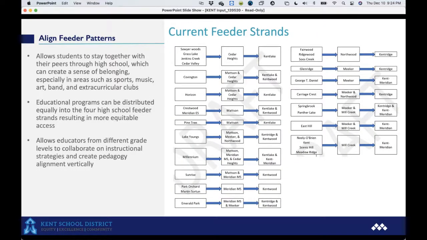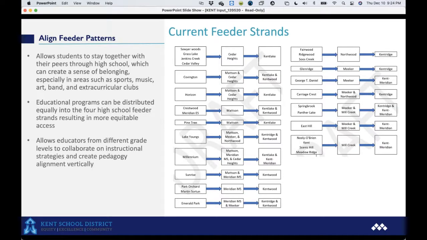And then aligning feeder patterns. Aligning feeder patterns allows students to stay together with their peers through high school, which can create a sense of belonging, especially in areas such as sports, music, art, band, and extracurricular clubs. Educational programs can then be distributed equally into the 4 high school feeder strands, resulting in more equitable access.